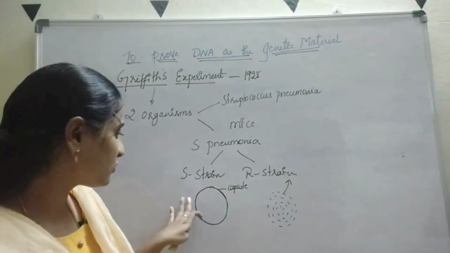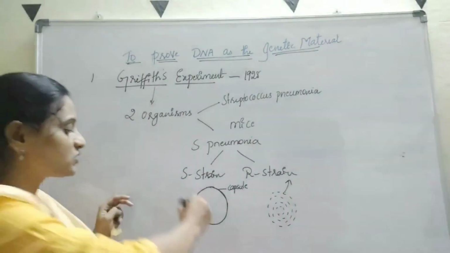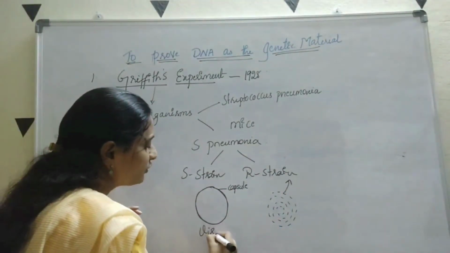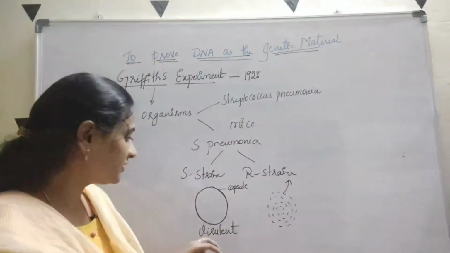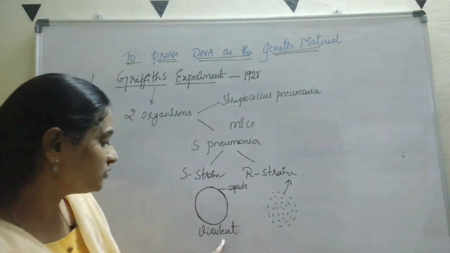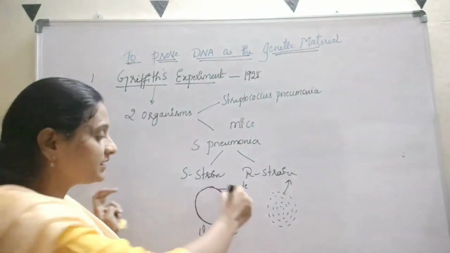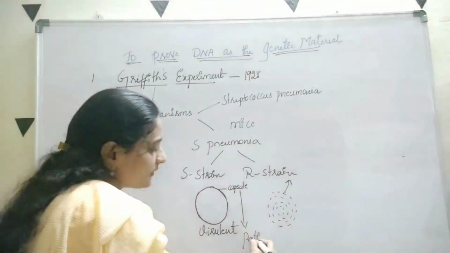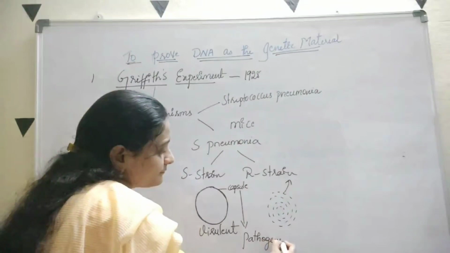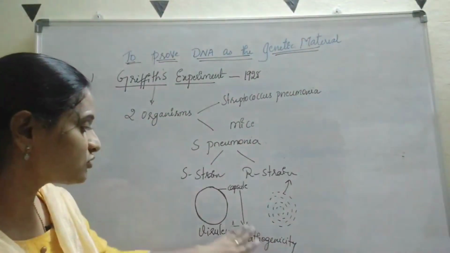Another important feature of the smooth and rough strains is that the smooth strain is called the virulent strain, because it has a capsule around its outer surface. This capsule gives pathogenicity to the bacterium.